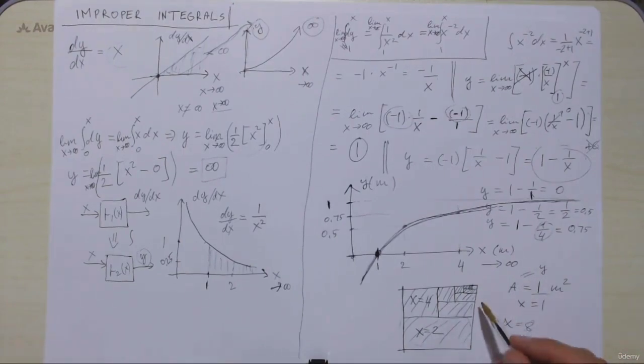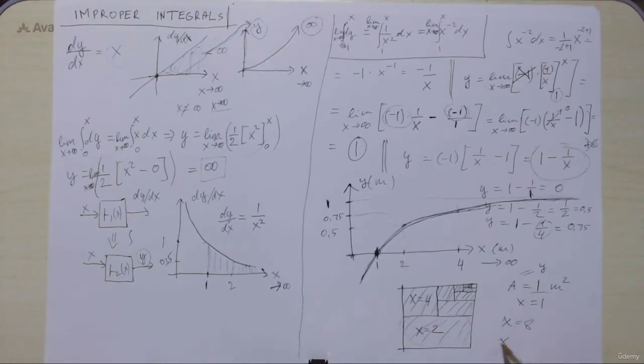So I will only be able to cover the entire rectangle when my x would be infinity, but it can't be infinity. So that means I will never be able to cover my entire rectangle, or in this case, my entire square. I will never be able to color it fully.